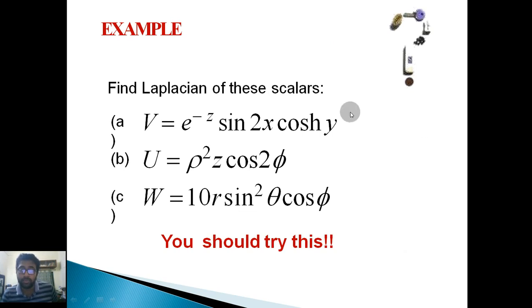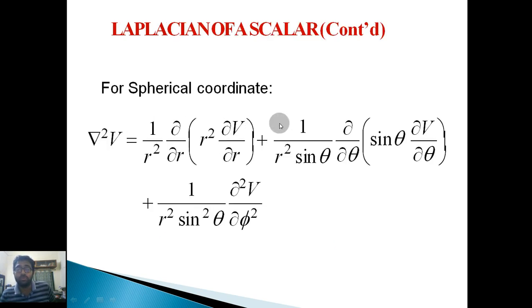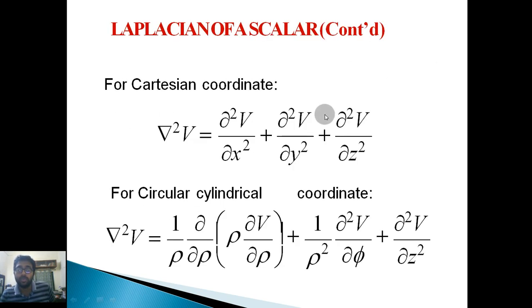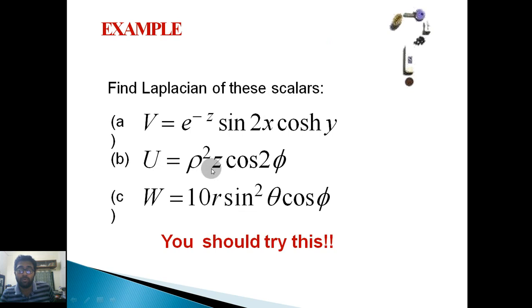These are very simple. Suppose V is equal to e to the minus z sin 2x cosh y. It means it is in a Cartesian coordinate system, so we will use this value as the operator for the Laplacian. And for rho square z cos 2 phi, that function we have also introduced earlier, where rho, phi, z are the three coordinates for the circular cylindrical coordinate system.